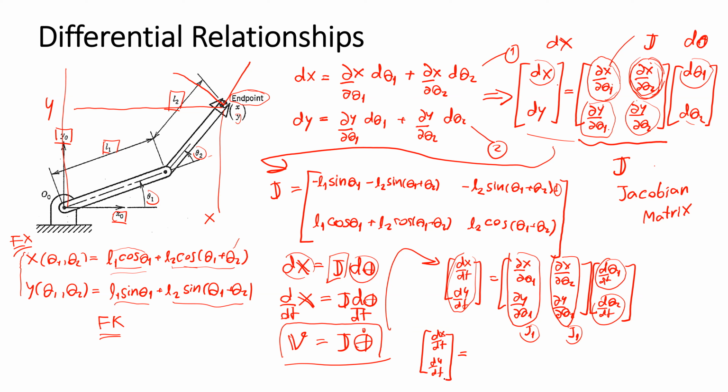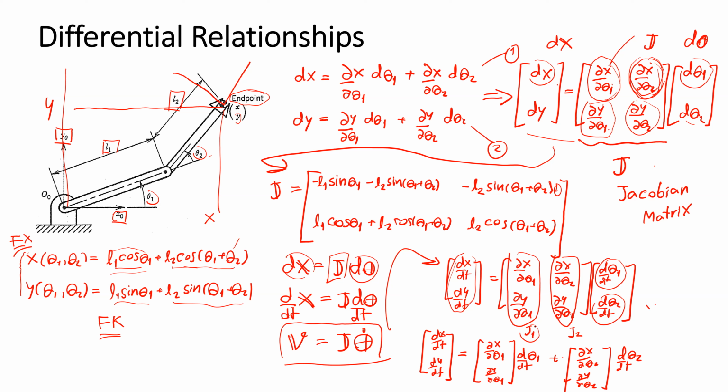If we separate J1 and J2, J1 just considers the change in theta 1, and for J2, we just consider the change of theta 2, the velocity of theta 2.